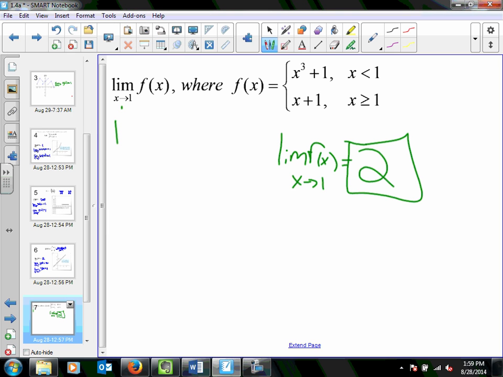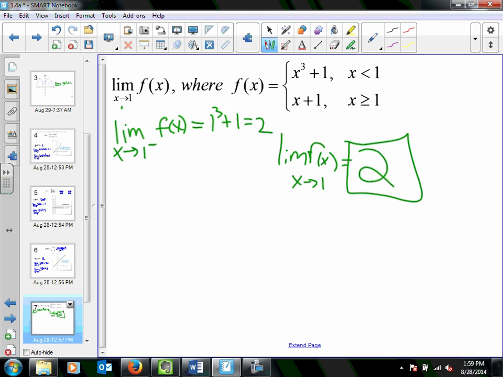You need the limit as x approaches 1 from the left of f of x. That needs to be written. Equals, you're evaluating it, 1 cubed plus 1, which is 2. Without writing the limit, when you write limit, you have to have of something. That's what you were leaving off, correct?